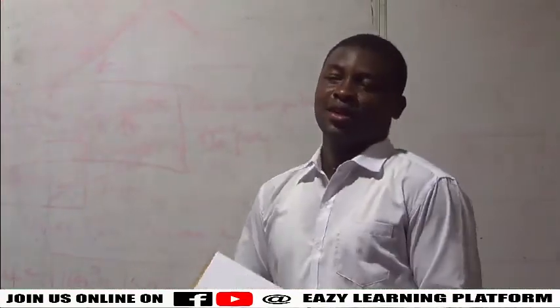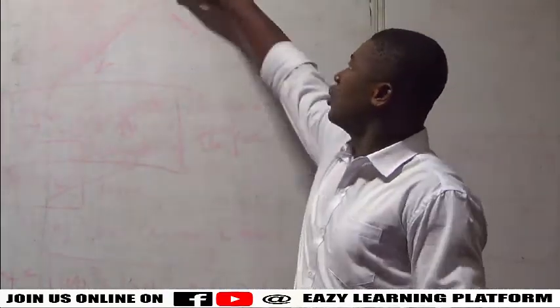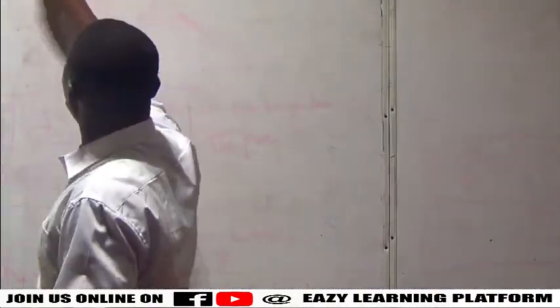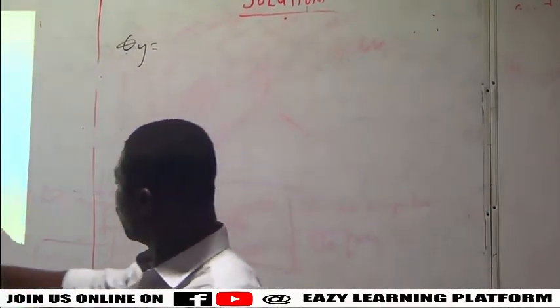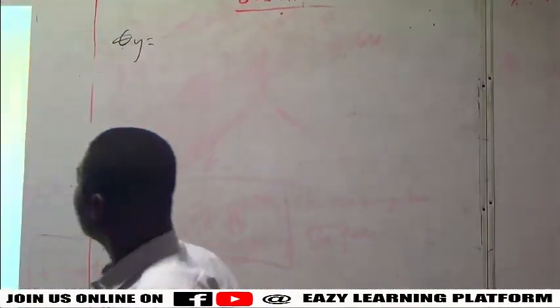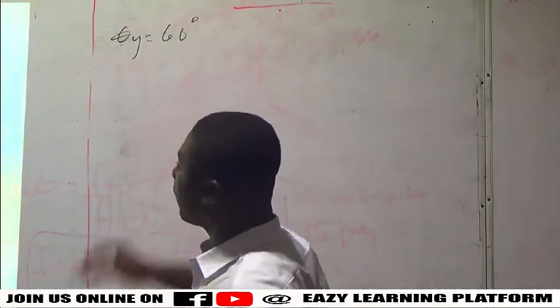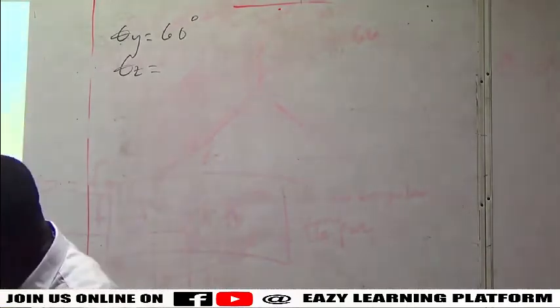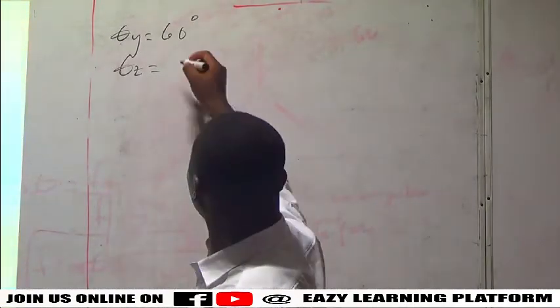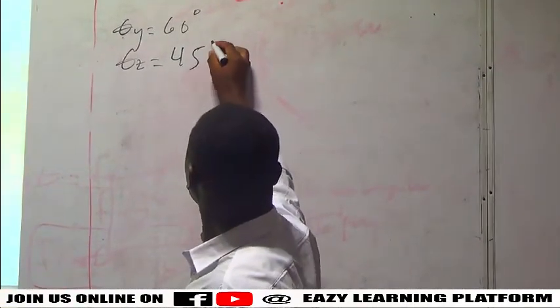Now let's solve the problem. Solution. Our theta y is 60 degrees. Theta z is 45 degrees.